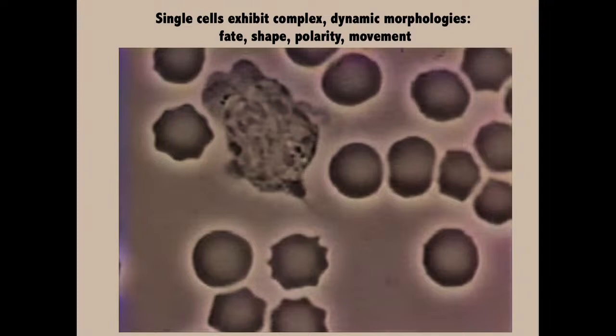Not all cells in the body are capable of being such experts at engulfing debris or bacteria. So the first thing it had to do was become a neutrophil. Then it had to change its shape, polarize its migratory axis, so there was a leading edge and a trailing edge, and then actually generate forces so that it could move.